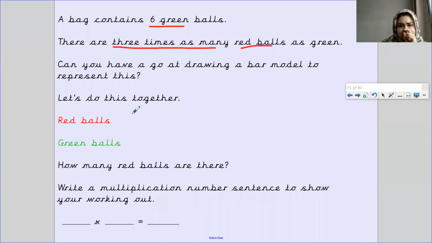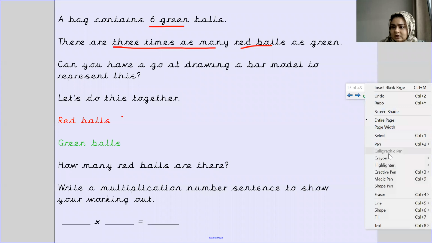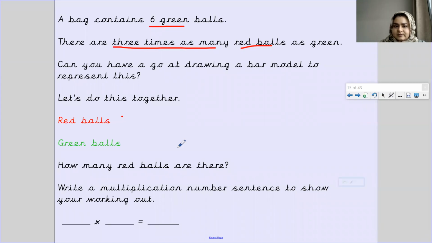Okay, fantastic. So now it says that you have 6 green balls. Okay, so now let's draw 6 green balls. So let me get the color green for you. So I am going to draw my bar model as 1 representing 6.